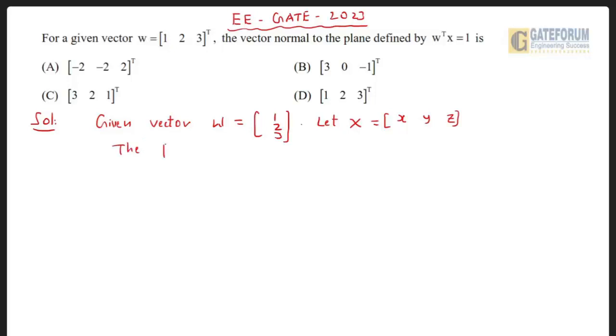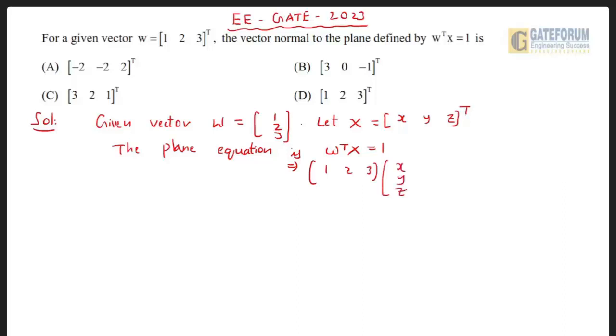The plane equation is W transpose X equal to 1, which is nothing but the row [1, 2, 3] times X. It is better to take X as a column vector. This is the transpose. So [1, 2, 3] into [X, Y, Z].